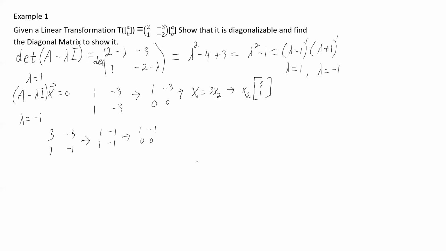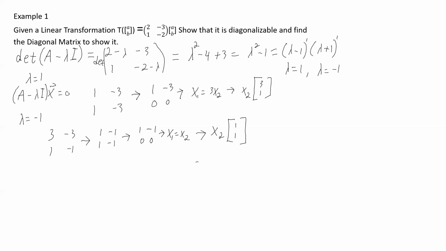In this case, we can see that x1 equals x2, and that gives us the vector 1, 1. These are the eigenspaces for each one of our eigenvalues.